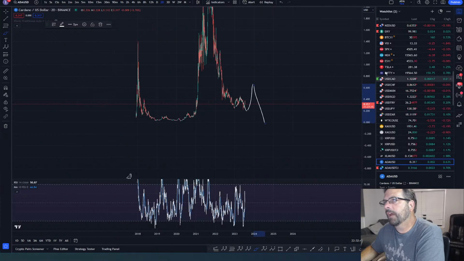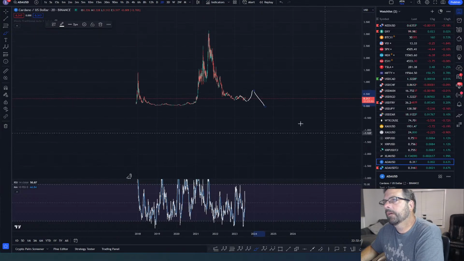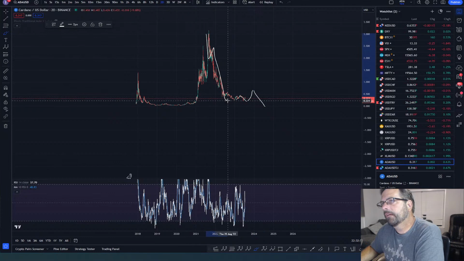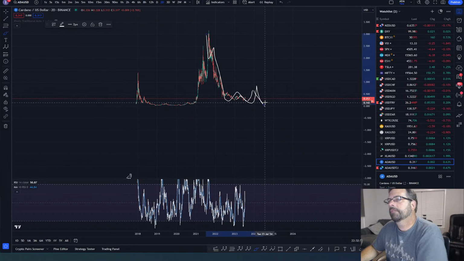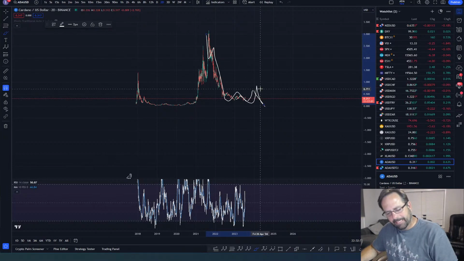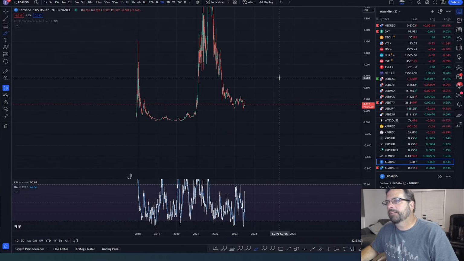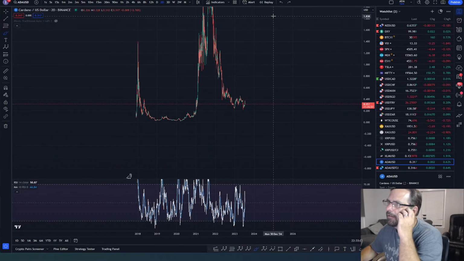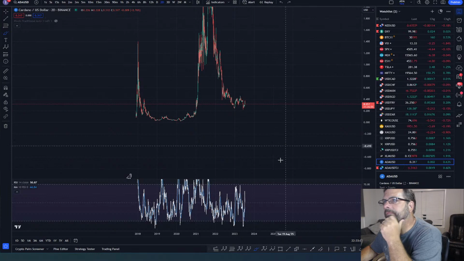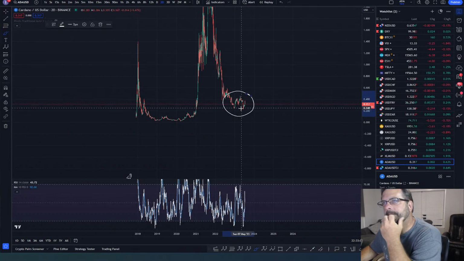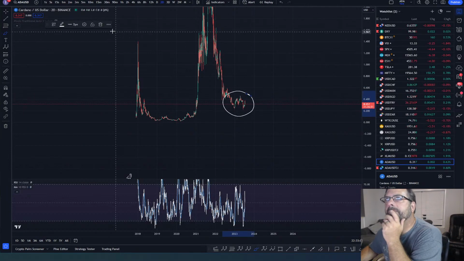Hit the low one more time. 1, 2, 3, 4, 5. Yeah, that's a challenging one, I'll tell you. It's challenging. Wave structure here is pretty sketch. I'm not sure I know what to do with ADA.